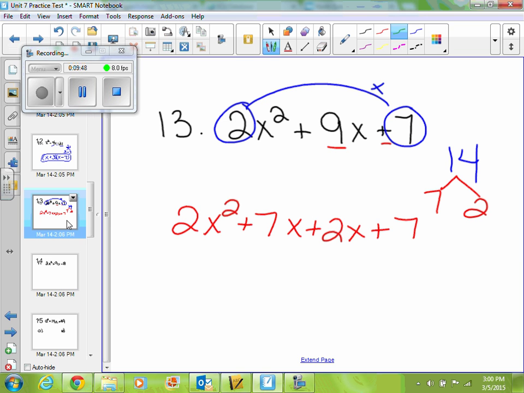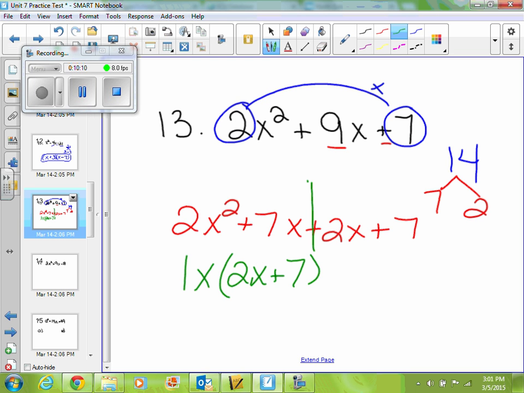What do I do whenever I have 4 terms? Split it in half. Okay, so what goes into a 2x squared and a 7x? 1x. What's 2x squared divided by 1x? 2x. And 7x divided by 1x? 7.